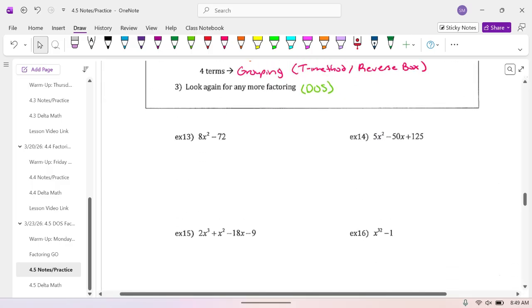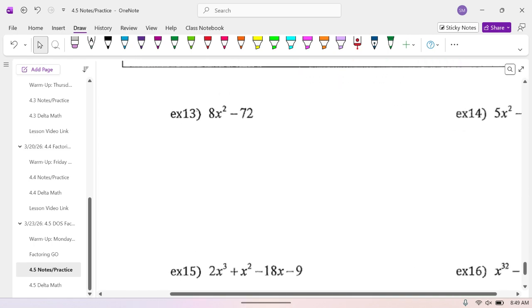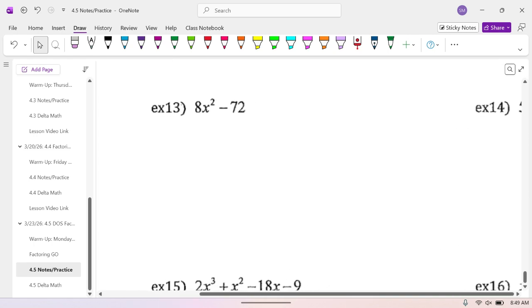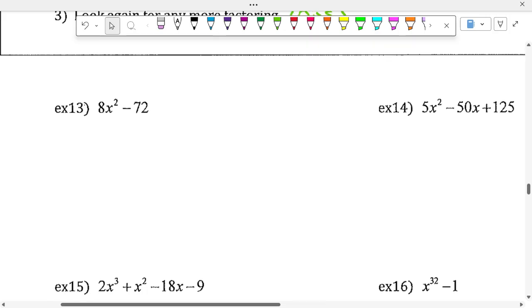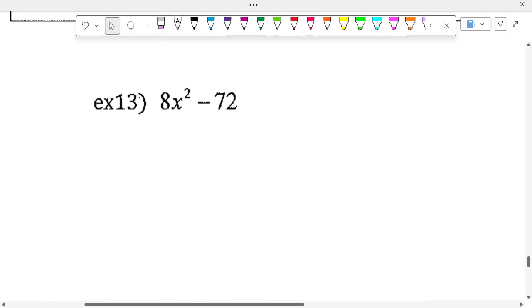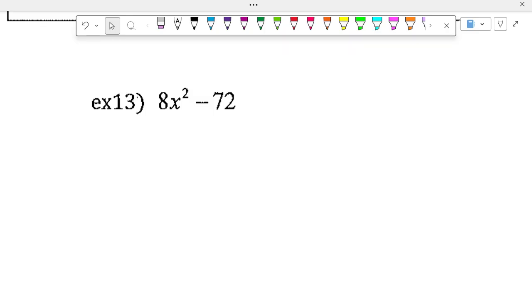All right, so let's try some of these examples. So let's look at example 13. Now, if you were looking at this, what would be your gut instinct to start with? If you just looked at it and you just knew what we knew about factoring, what type of factoring problem would this look like to you?